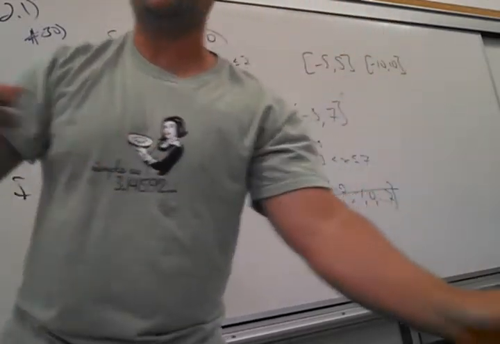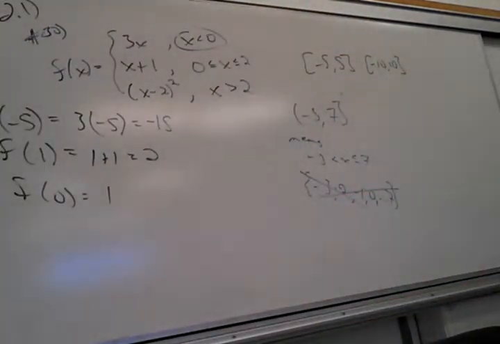So I wouldn't include the endpoints of either one. The only reason I say brackets is because on WebAssign, if you put parentheses, you're wrong. Well, then I've got to email the publisher and get them to make the math correct. Because at 1, it's not increasing or decreasing. Does that make sense?